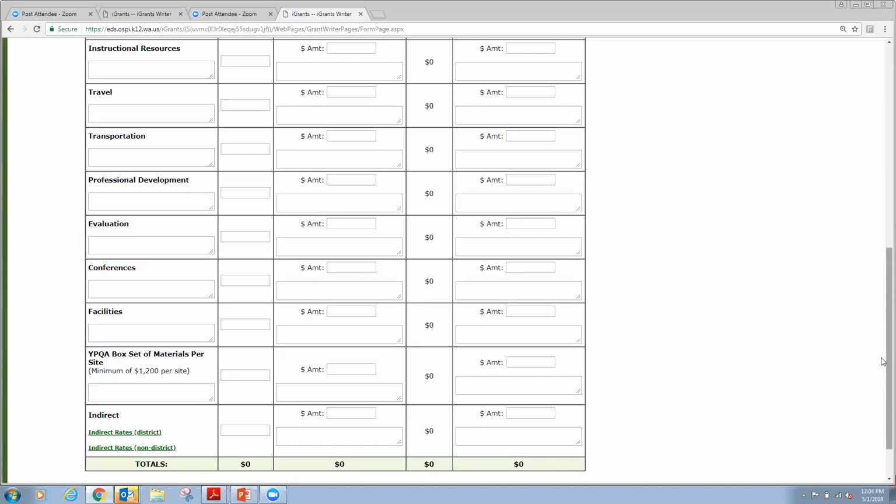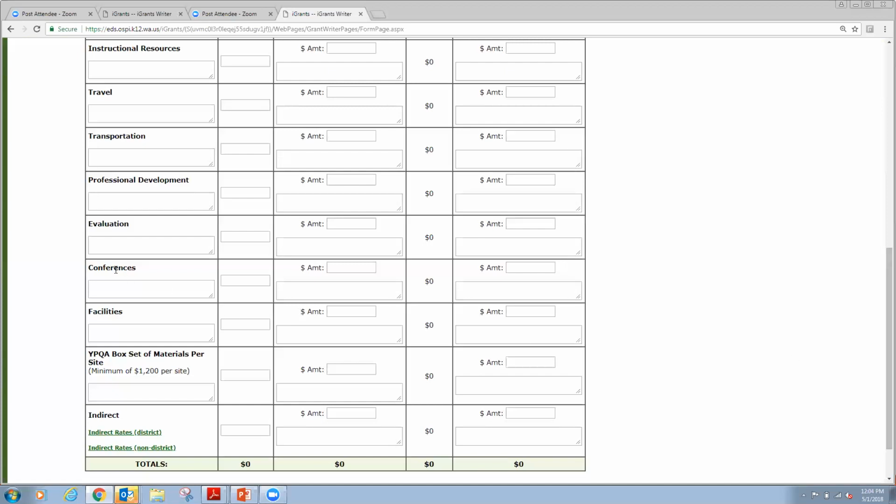So there is a section down below for conferences. This professional development box is really for any expenditures that you're going to use to pay staff extra, or you're going to hire speakers to come in and do training for your staff.